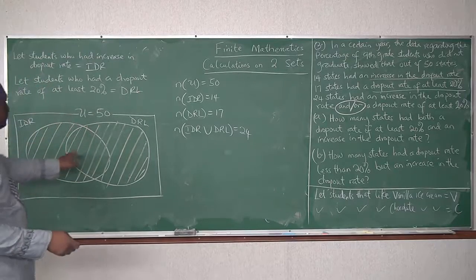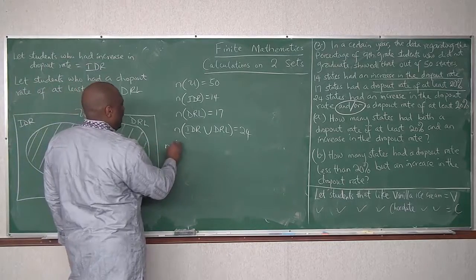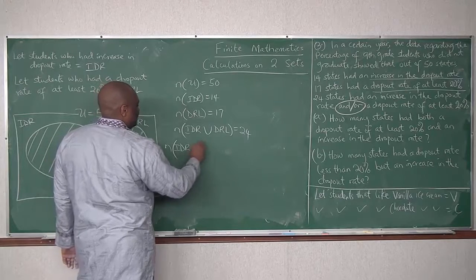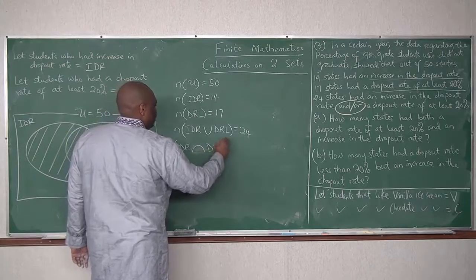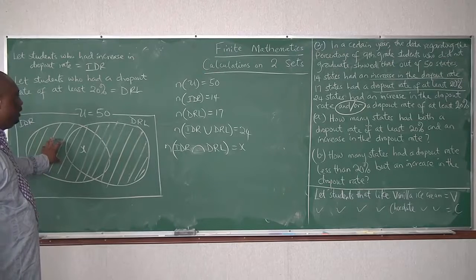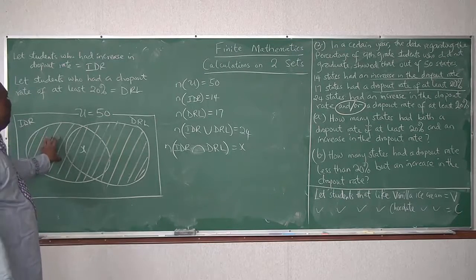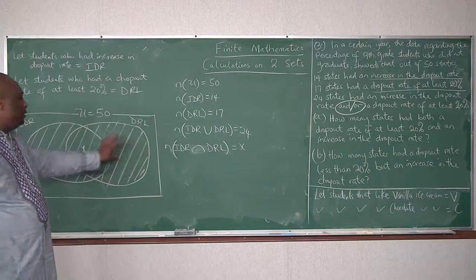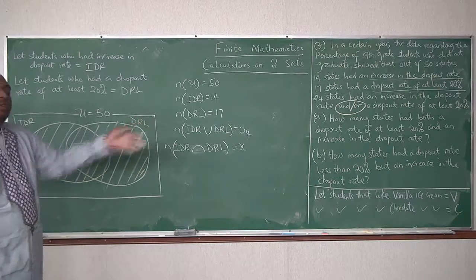Now, how many states had both a dropout rate of at least 20% and an increase in the dropout rate? So let's call it X. So cardinality of IDR intersect DRL, let's call it X. Now we see that if we do that, then we have to work with only, because only IDR plus only DRL plus both IDR and DRL will give us the 24.